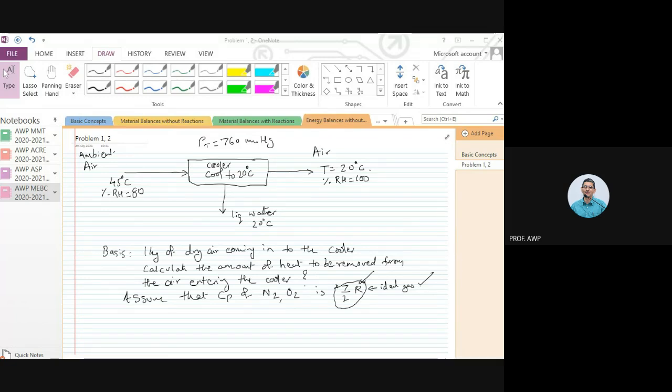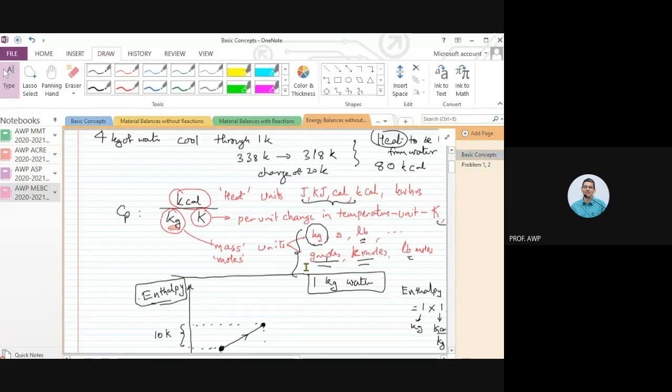But what we are interested in is not how much water condenses out at each temperature, but what is the starting condition and what is the ending condition, what is the initial state and what is the exit state. Just like this problem, that's why I explained this problem in a little bit more detail.